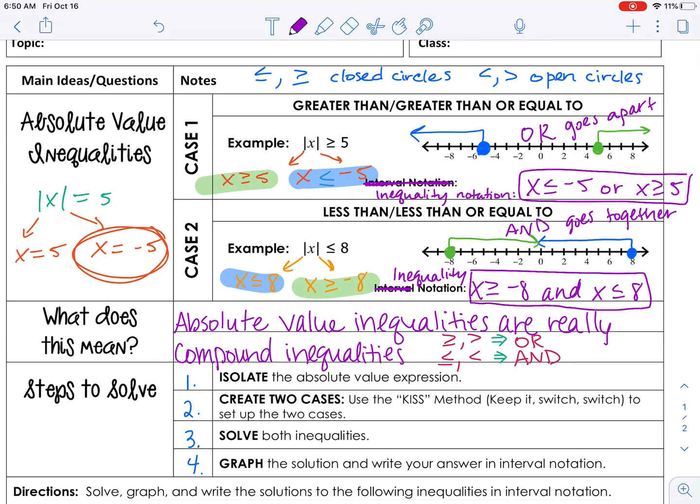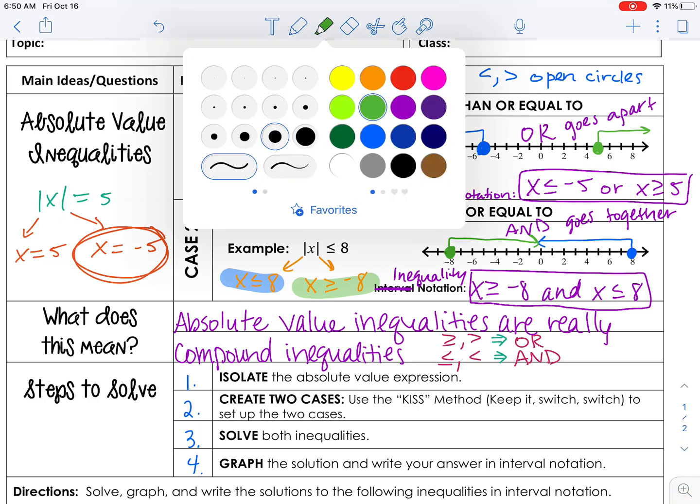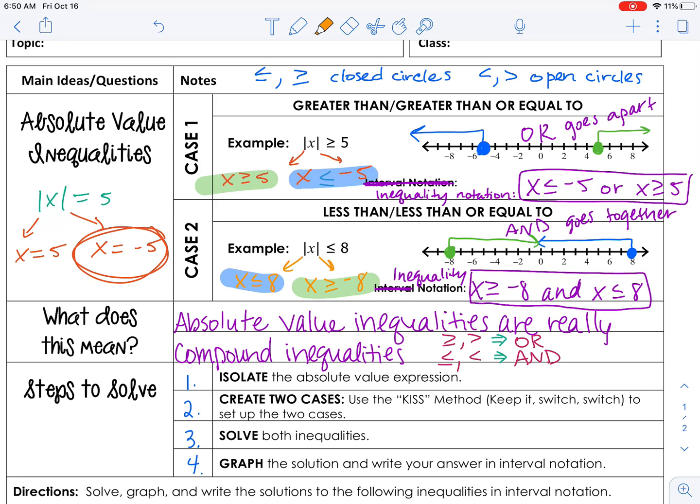So what does this mean? This means that absolute value inequalities are really just compound inequalities, what we said from the beginning. Anytime that you have greater than or equal to, it's more than likely going to be an or.